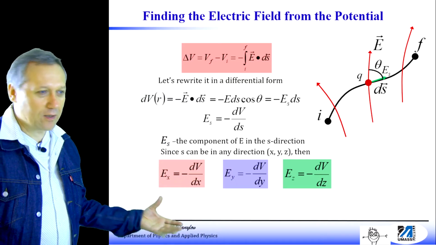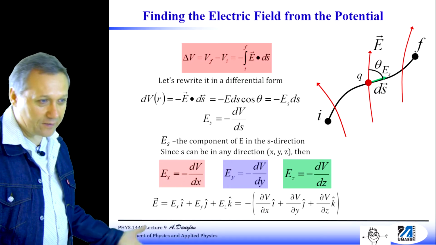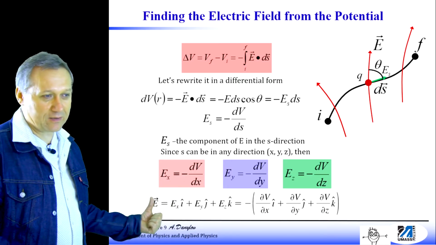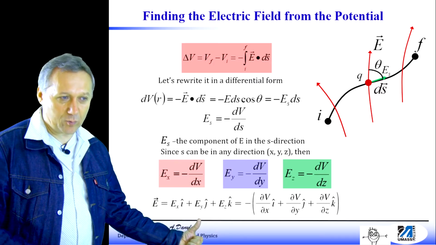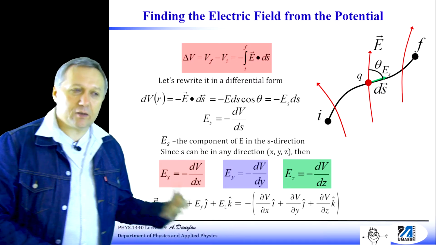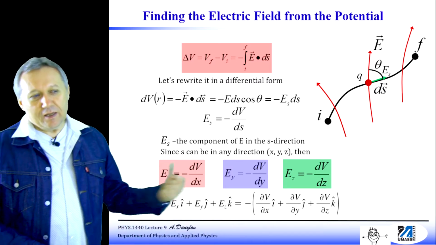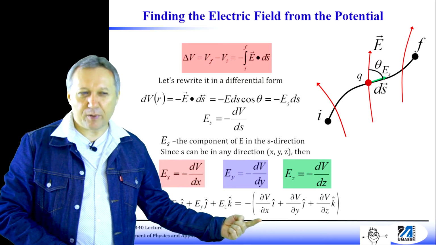And of course, we can write it in the form of a vector, because you remember electric field is a vector quantity. So I can write something like this: the electric field vector is E sub x times i hat, plus E sub y times j hat, plus E sub z times k hat. And strictly speaking, here we shouldn't have straight derivatives. We should actually have partial derivatives.